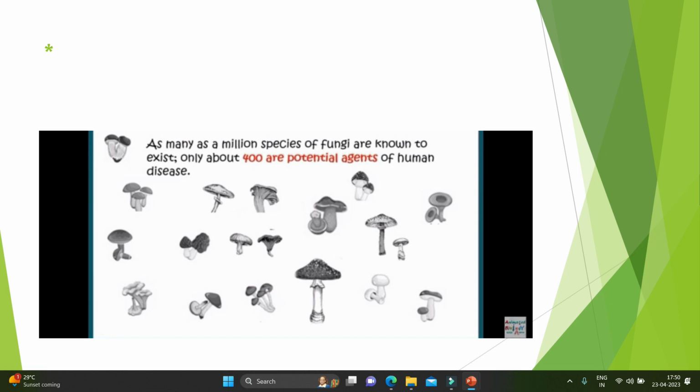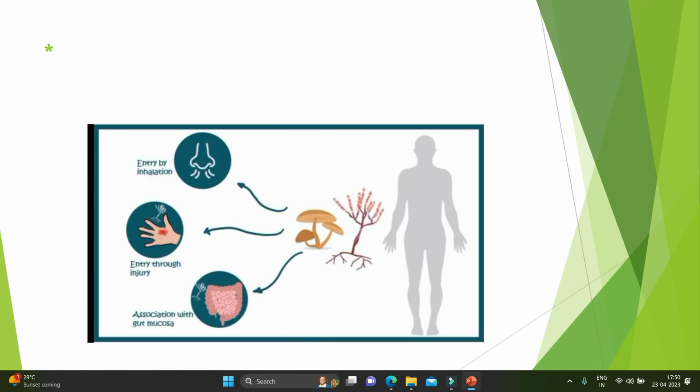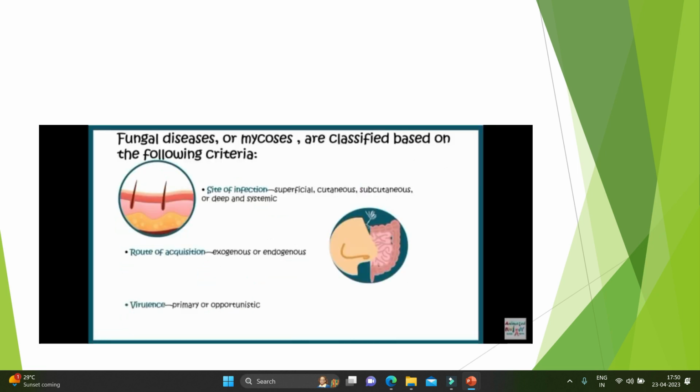It can easily get entry into your circulation, and lastly it can get associated with your gut mucosa or other mucosal lining, and they are a kind of opportunistic pathogens. Whenever they get an opportunity, they would get in. So there are multiple modes of entry, right?